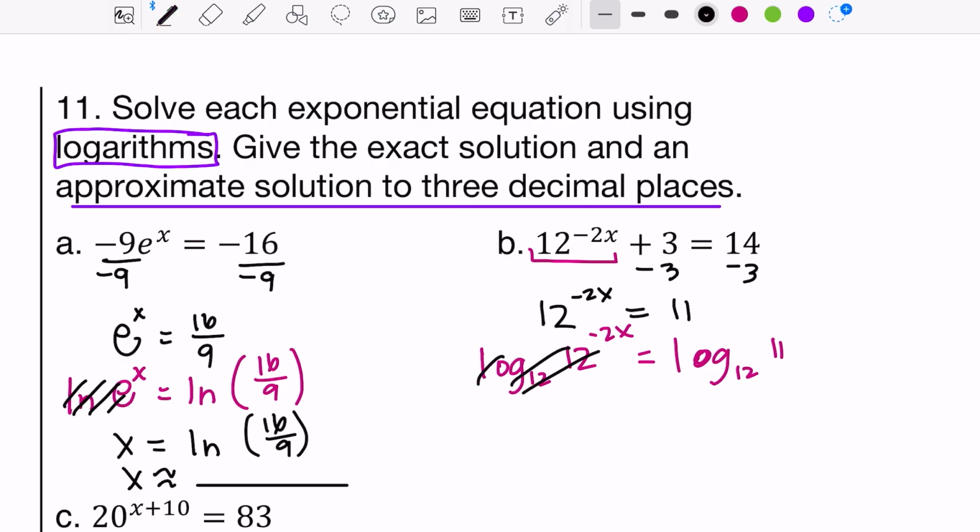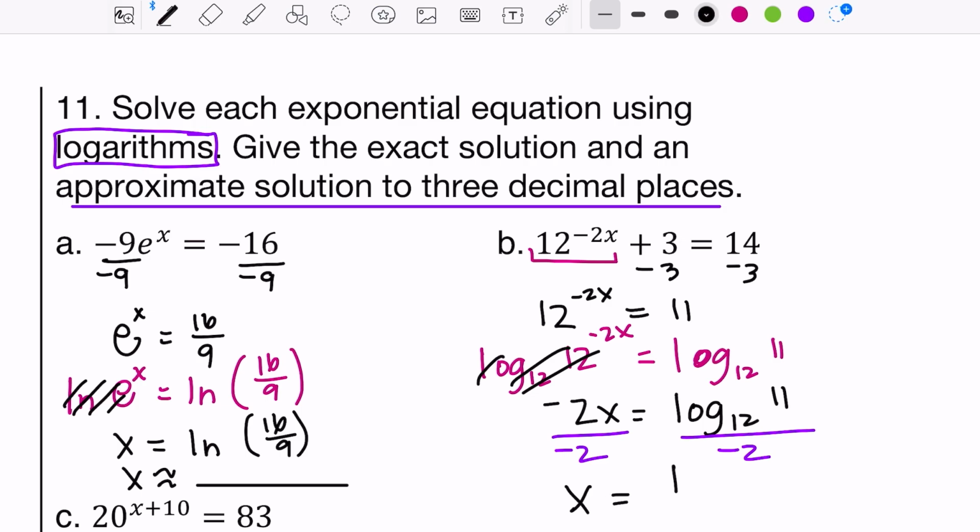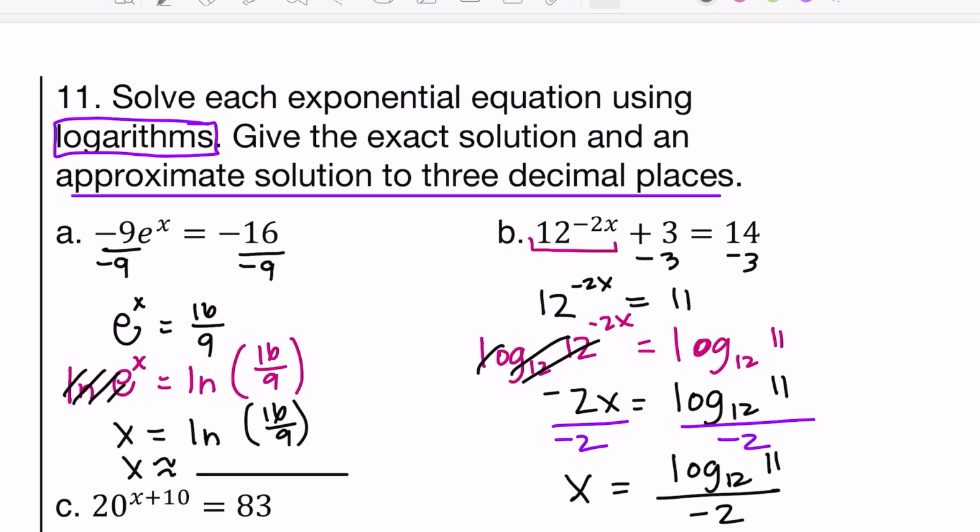These undo each other, and we get negative 2x equals log base 12 of 11. And then we're going to divide both sides by negative 2. And we get x equals log base 12 of 11 divided by negative 2. And then again, you're going to plug that in your calculator to get your decimal approximation to 3 places.